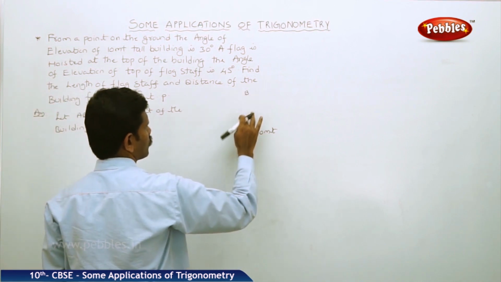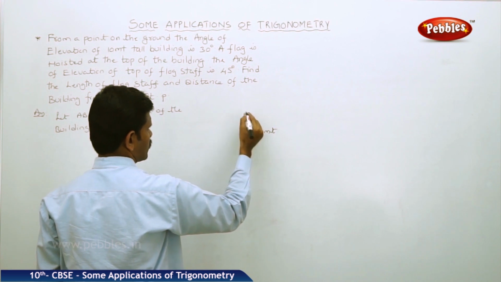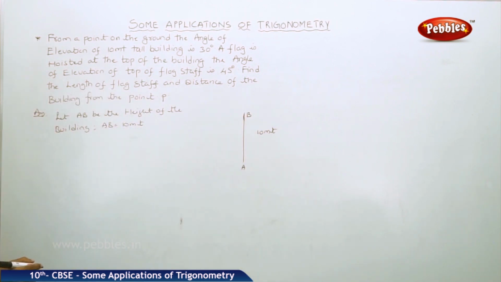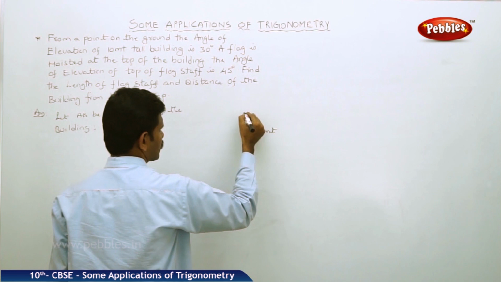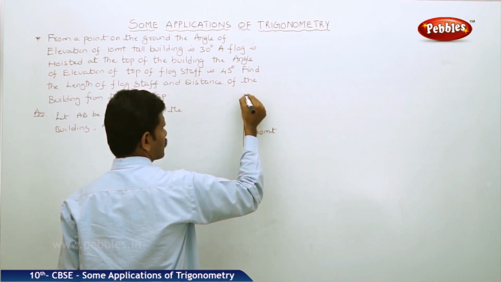Now let us consider AB is the height of the building, and on the top of the building a flag is hoisted.